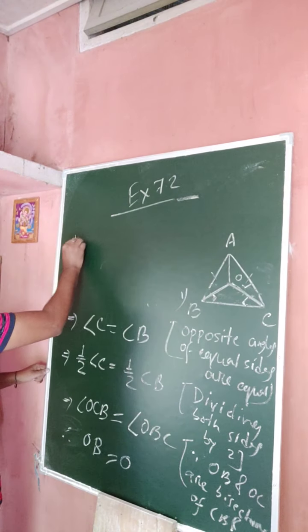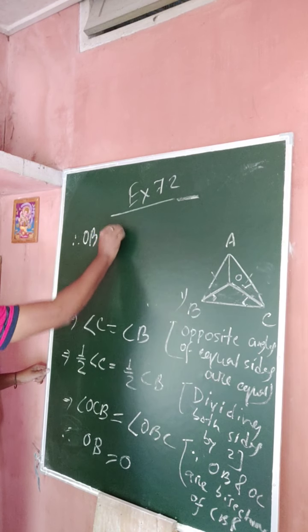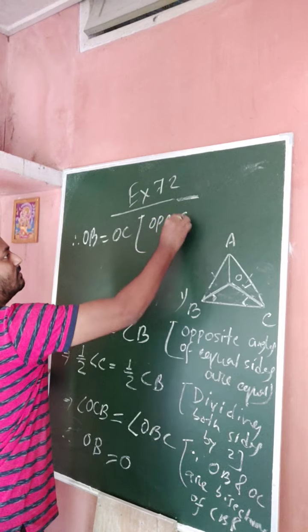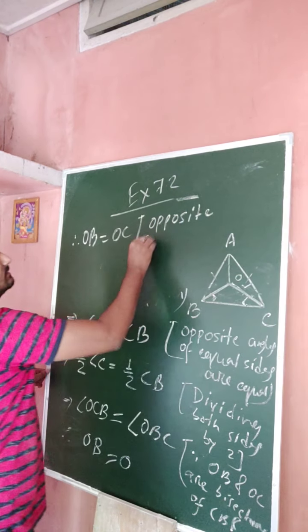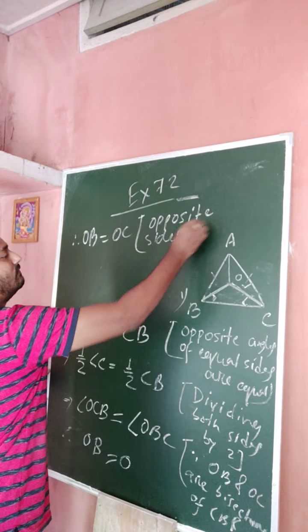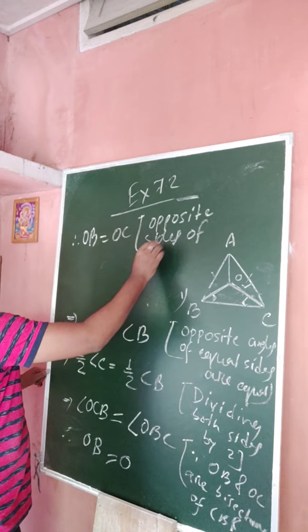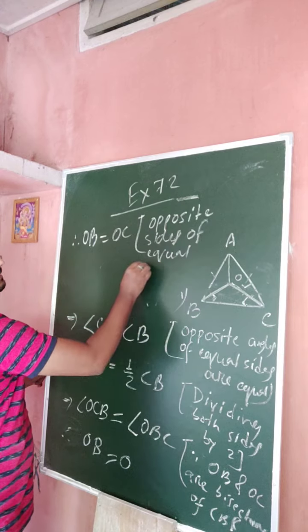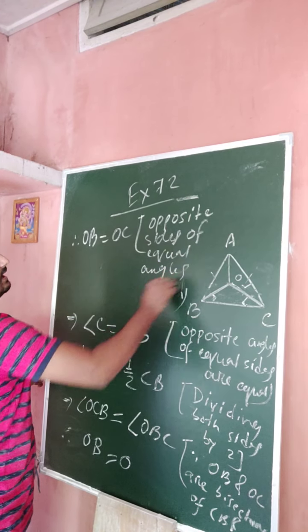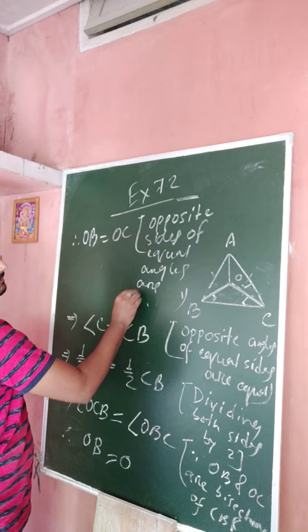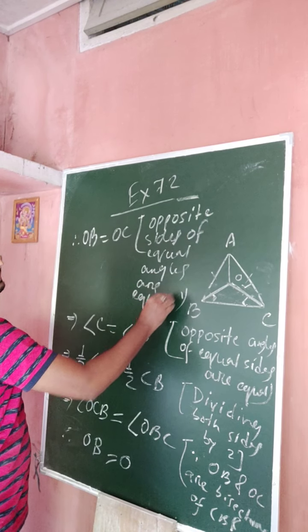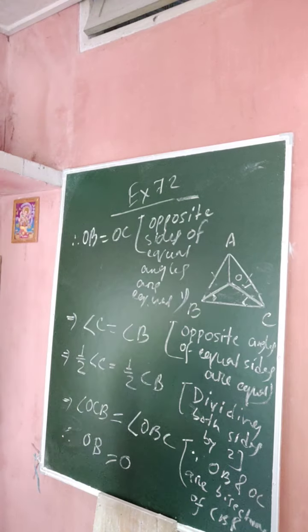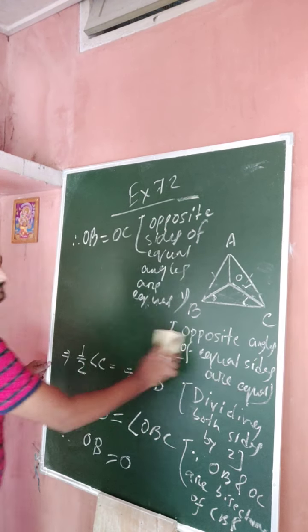Opposite sides of equal angles are equal. Second theorem of today's class. Okay, clear? So first proof, let me finish here.